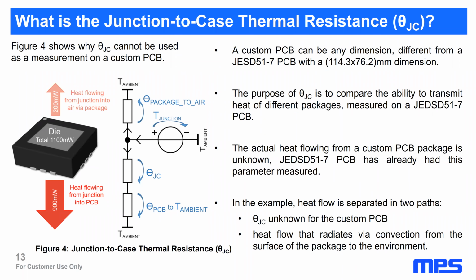The figure here shows why theta junction case cannot be used on a custom PCB. In the example, heat flow is separated into 2 paths. One is going via the package to the top, and most of the heat flows from the junction into the PCB.